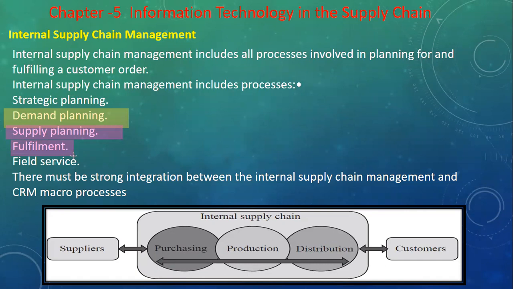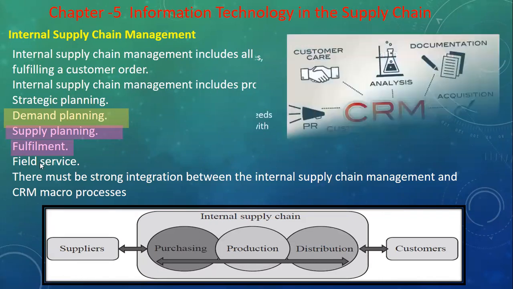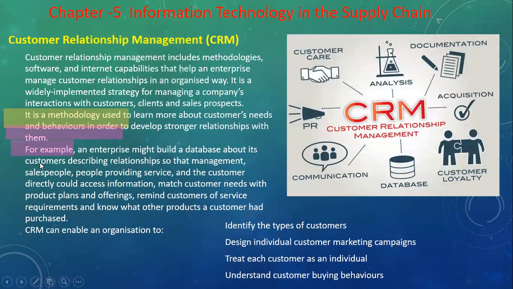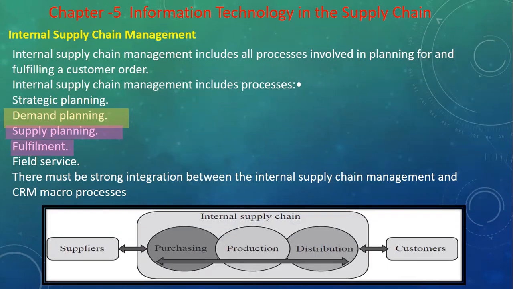This comes under fulfillment of the process. Now field service: whether the product received by the customer is okay or not. If you are providing the product in a hurry, maybe you deliver some damaged product. This can be understood by visiting the customer. So this comes under field service.